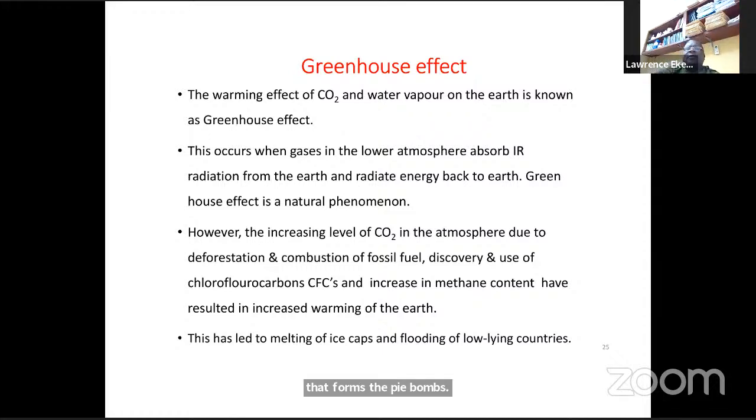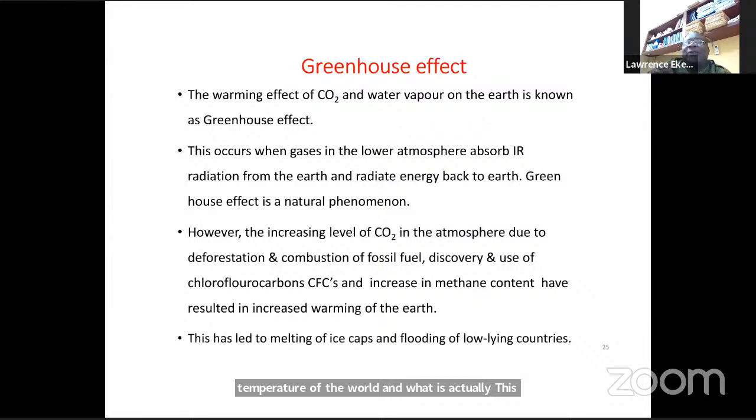Now, let us look at greenhouse effects. We've been talking about climate change, about the increase in temperature of the world, and what is actually this issue, the warming effect of CO2.